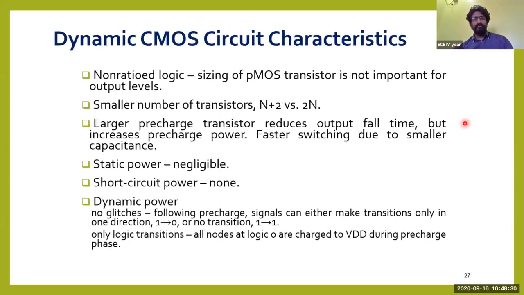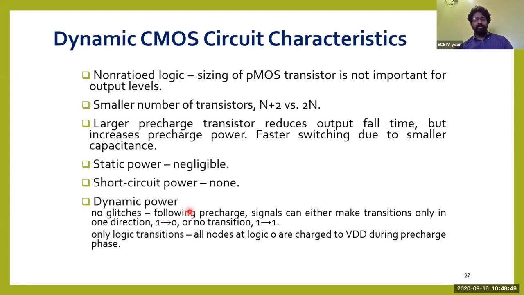And these are the characteristics which you have seen up to now. Regarding it, it needs N+2 transistors for the dynamic and 2N for the static CMOS. And the static power is negligible in this case, and the short circuit power is none in case of dynamic. When it comes to dynamic, there will be no glitches. Why?